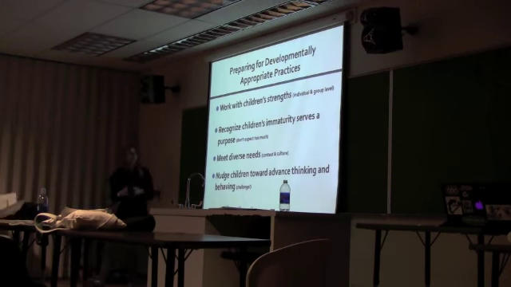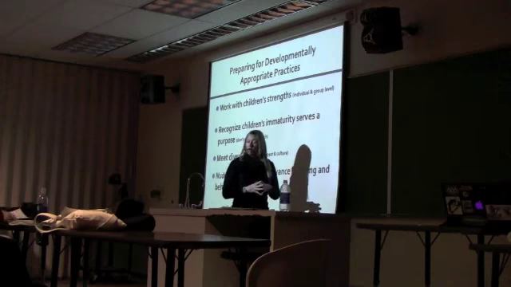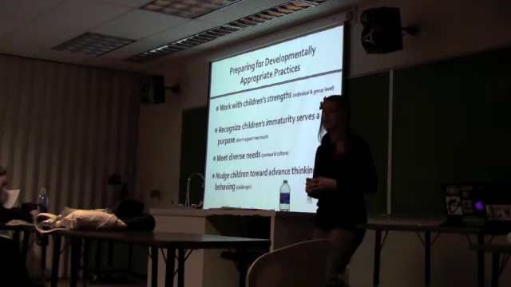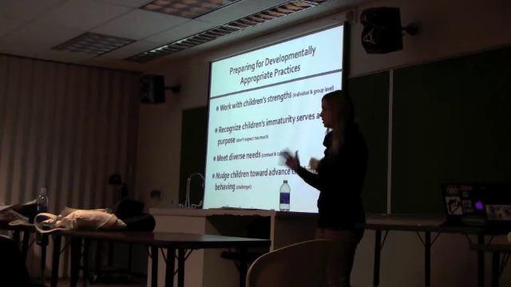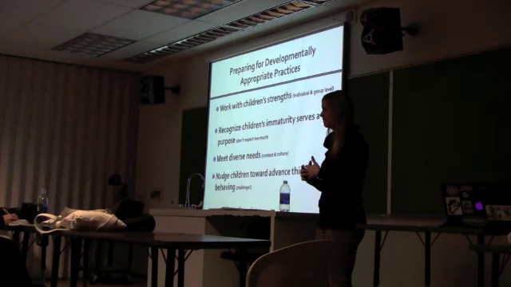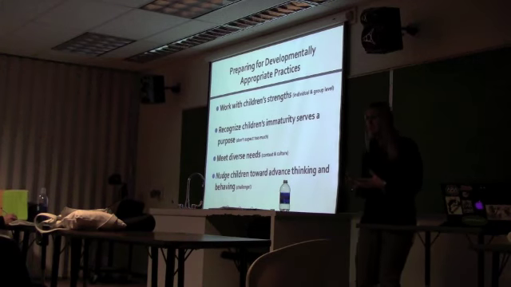Recognizing that children's immaturity is serving a purpose is a big one. So it's really just that understanding again of where they are, so that we're not expecting too much from them, and that we can work with the skills that they have. They're capable. They have particular skills.